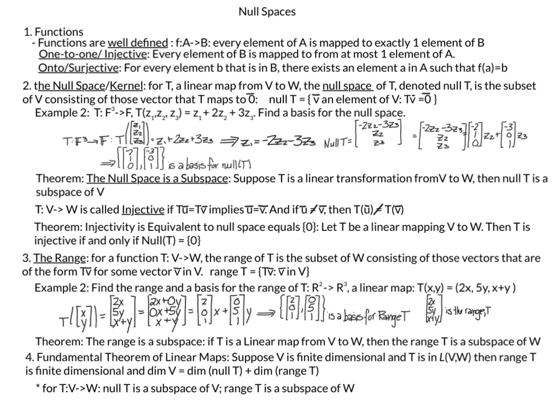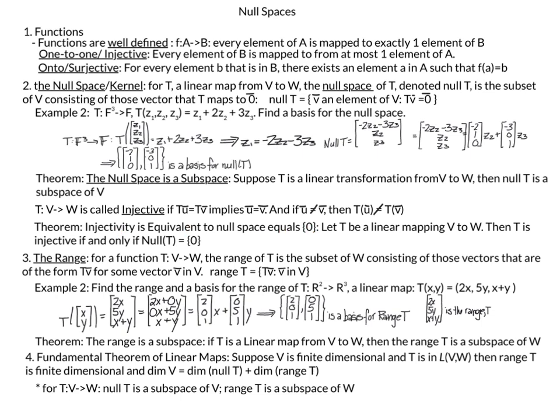We have this theorem that says the null space is a subspace. So suppose T is a linear transform from V to W, then the null of T is a subspace of V. We also went back and looked at injective or one-to-one functions, and we have this note that if a linear transformation is injective, then T of u equals T of v implies u equals v, and we use that to prove this theorem that injectivity is equivalent to the null space equaling the zero vector.